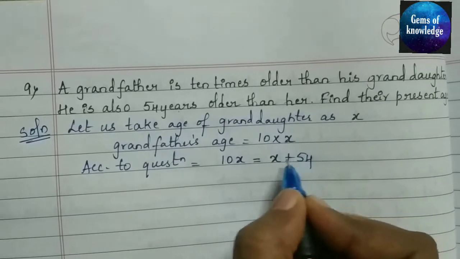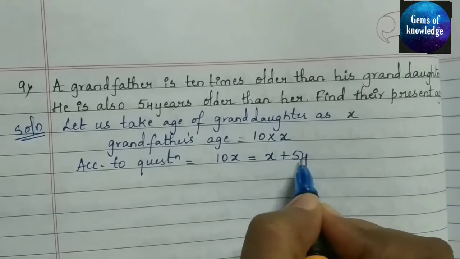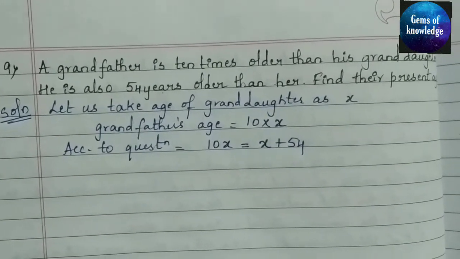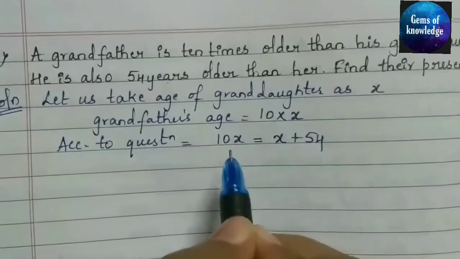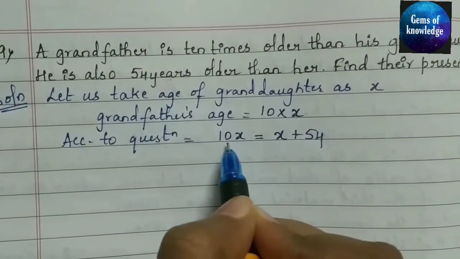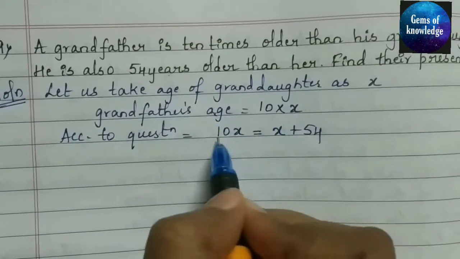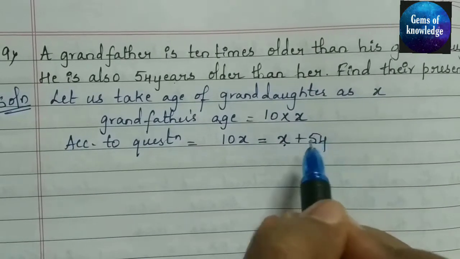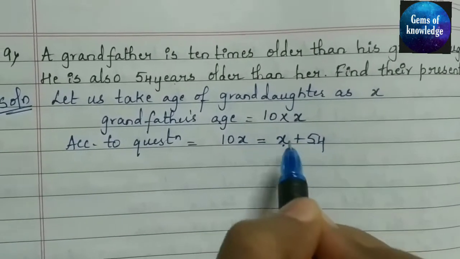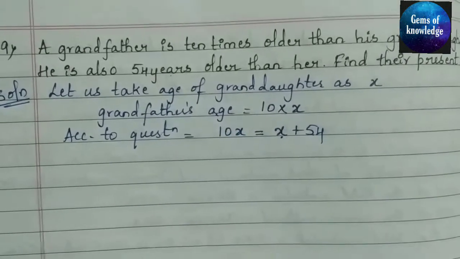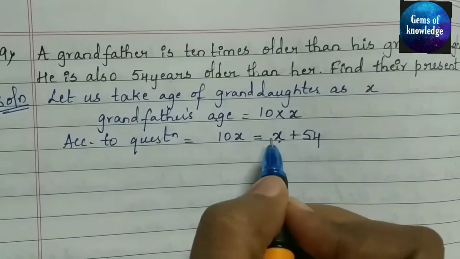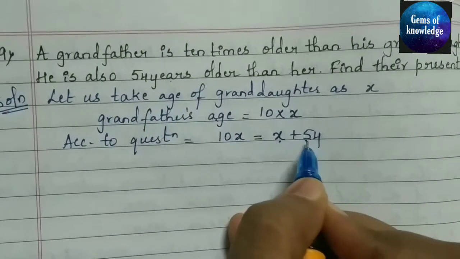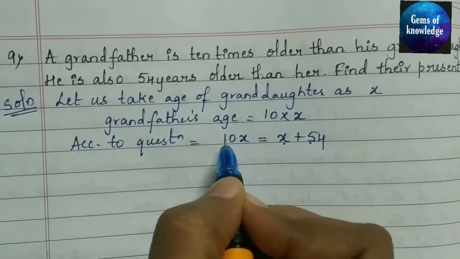So you can see here I have already mentioned this is the age of the grandfather, but his granddaughter is 54 years younger than her grandfather.